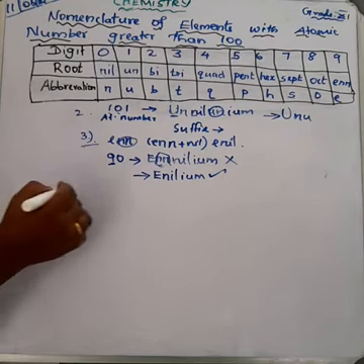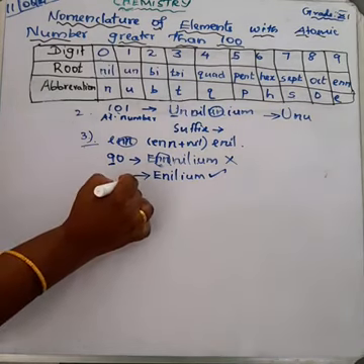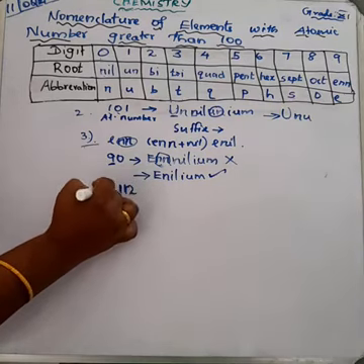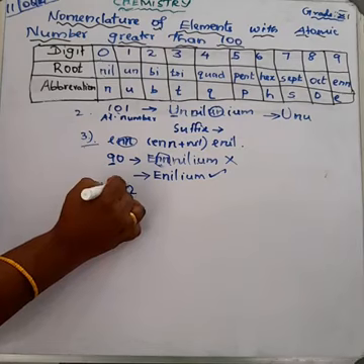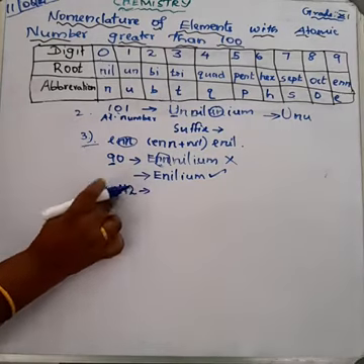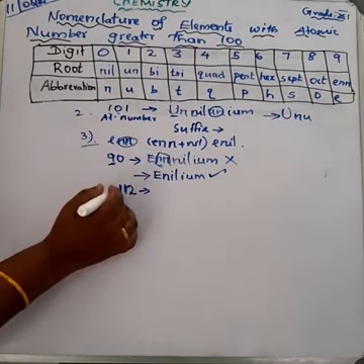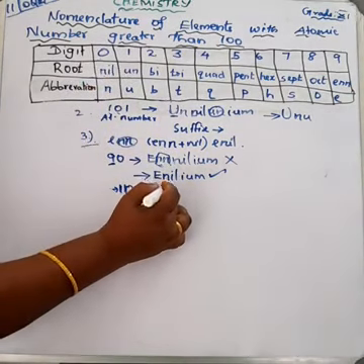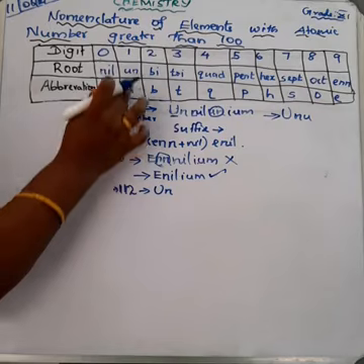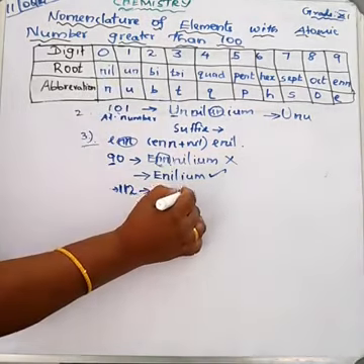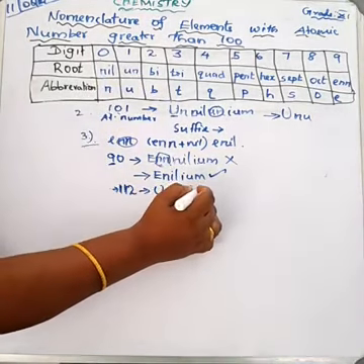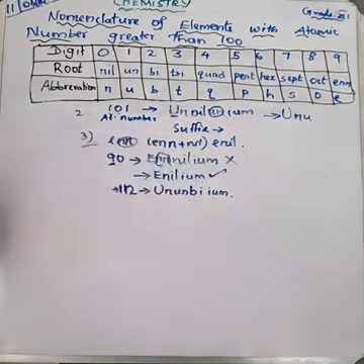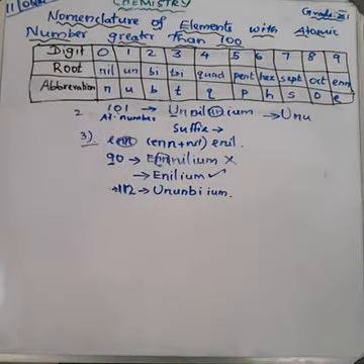Okay, for example, I am taking 112. How can we write the name? For the digit 1, what is the numerical root here? Un. And again 1, un. And again 2, bi. And what is the suffix we are using here? Ium. Okay. Here what is the third rule?